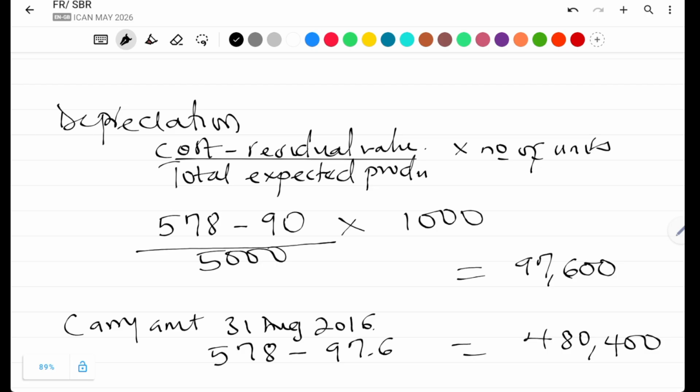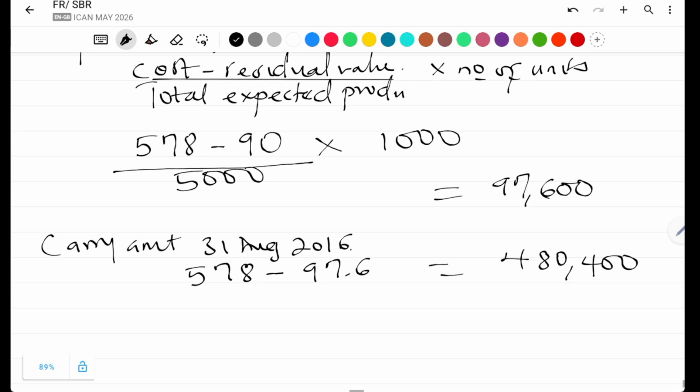But let's see. We were told there was an upgrade that was made. We were also told that the useful life was adjusted. When did the upgrade come in? We said on the 1st of September 2016, at the beginning of that year, we decided to do an upgrade and then added a new component, and that new component would result in increasing useful life, so we can then recognize it, because increasing useful life is bringing forth economic benefits and it's costing us 300,000, right?